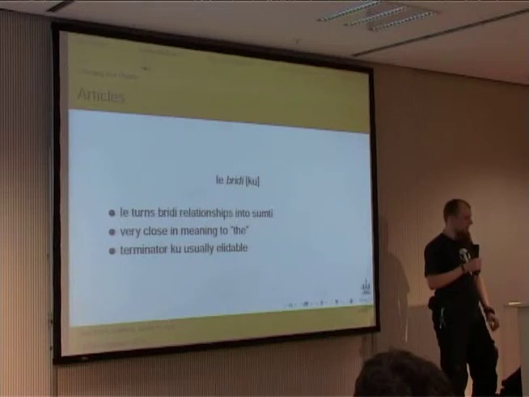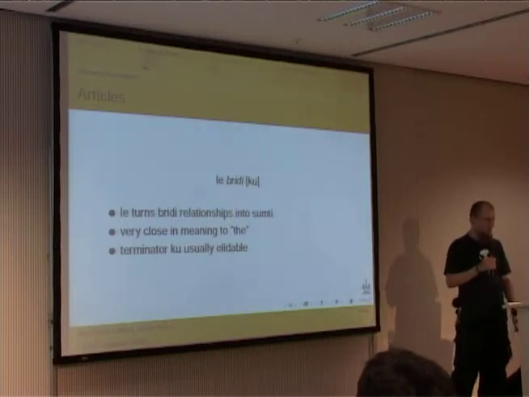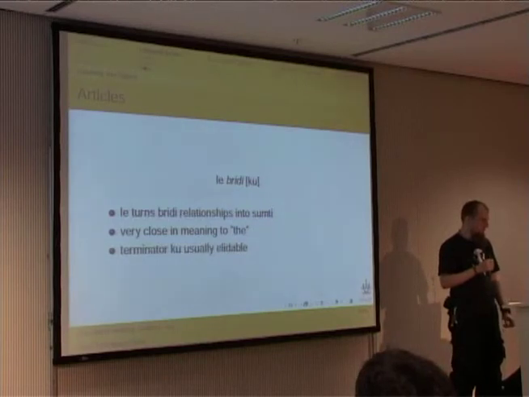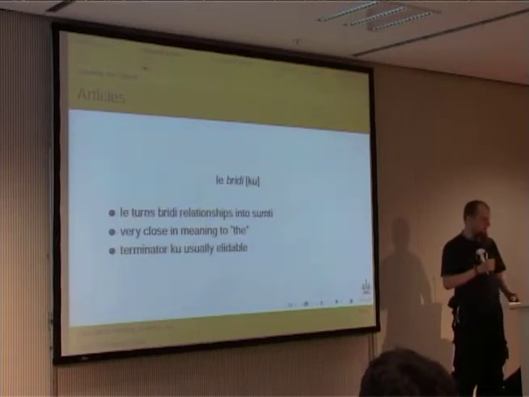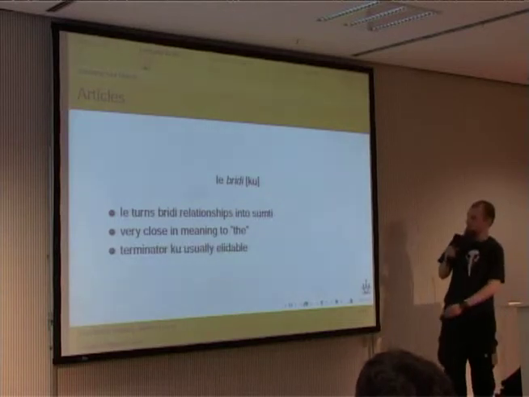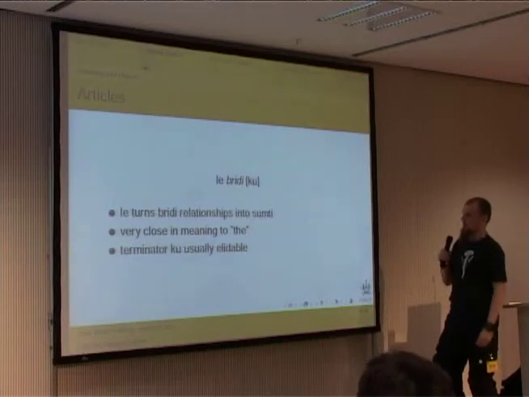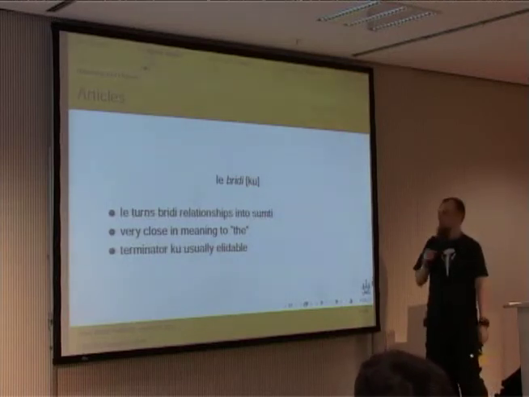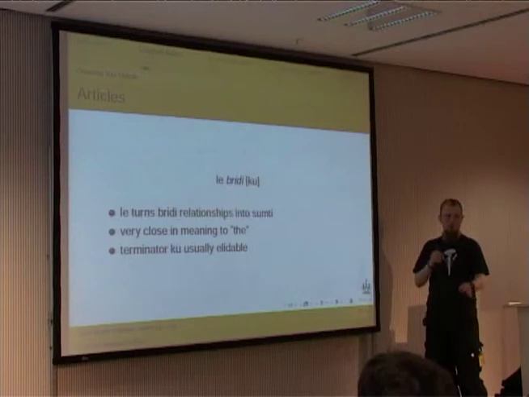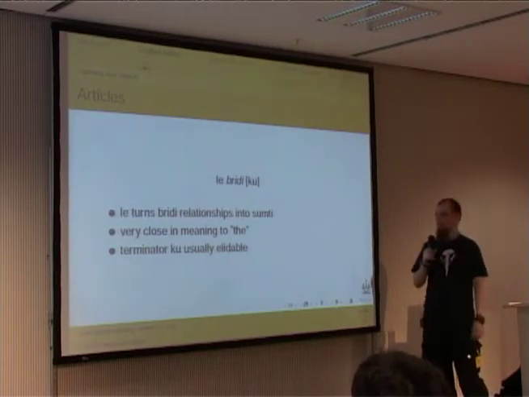Another way of getting your objects is articles. There are different words like this. You see le in this example, which is close in meaning to the English the. There are some others that are like an indefinite article or something like this.